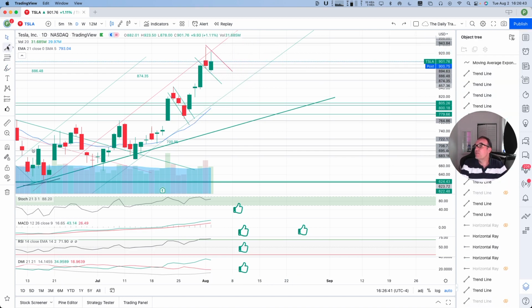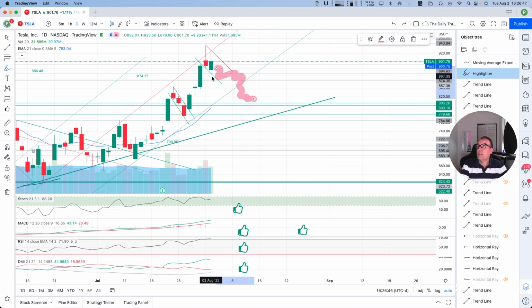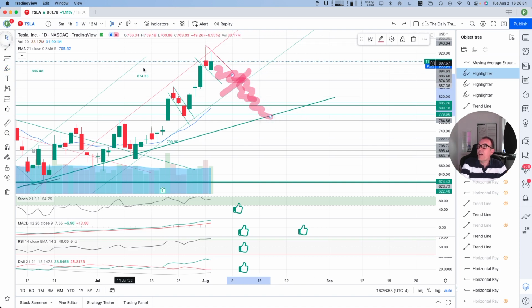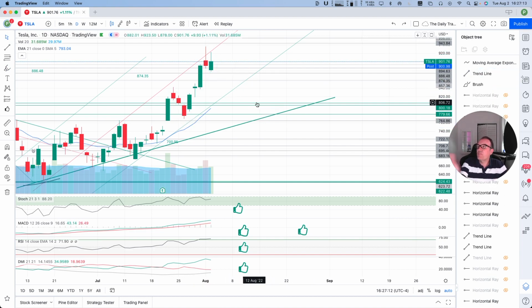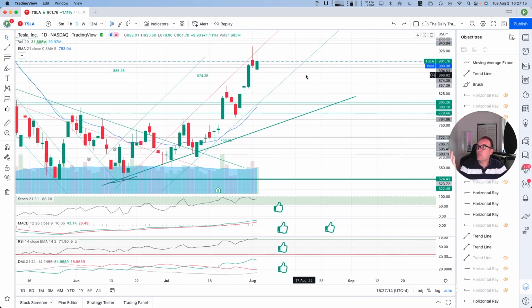At some point in the future, it could be possible that we just break this support and keep going down until we find another support. I just wanted to tell you this because this is really what is happening, and I never talked about it, but basically this is what we should have in our minds.